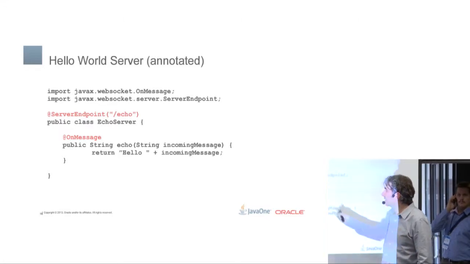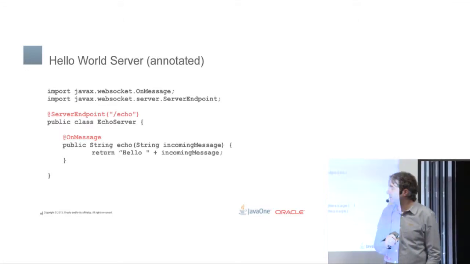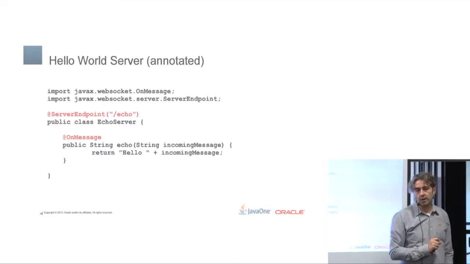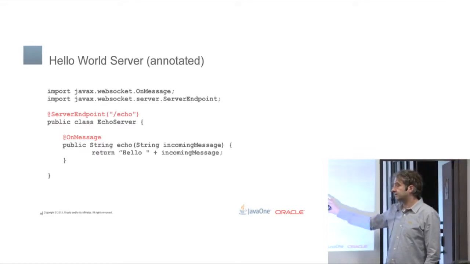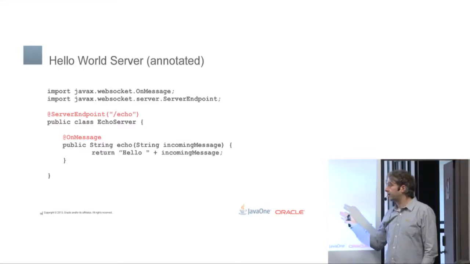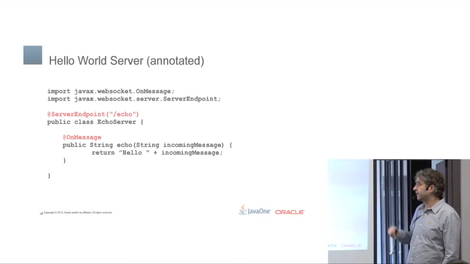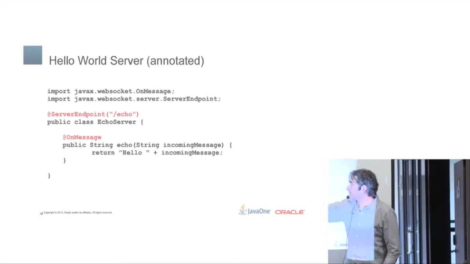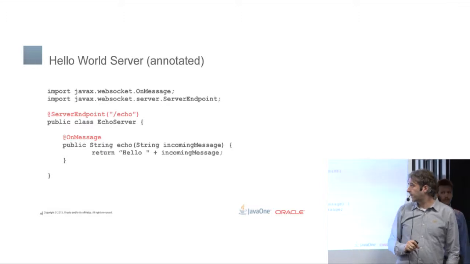Nothing specific. The only thing I'm doing here is using that annotation, the @ServerEndpoint, to say that this class should be exposed by the web container as a WebSocket endpoint. Its URI will be echo.